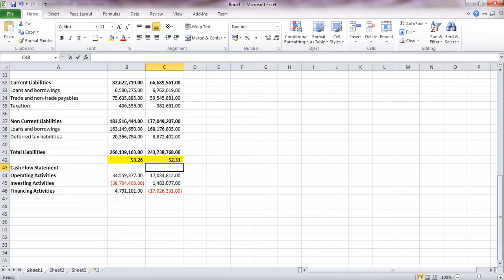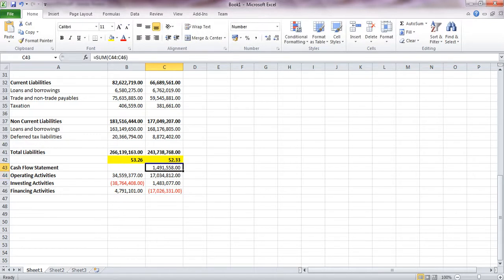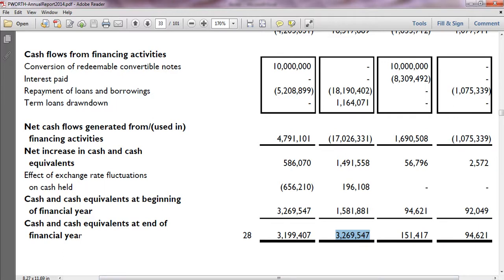Basically this one, right, is equal to this one. For some reason you can see this one, right? These are the figures, and this is the carry forward balance from the previous year.